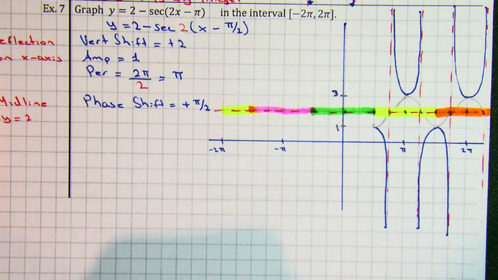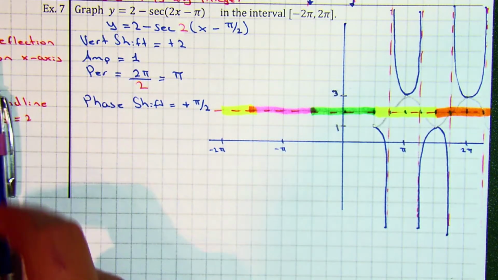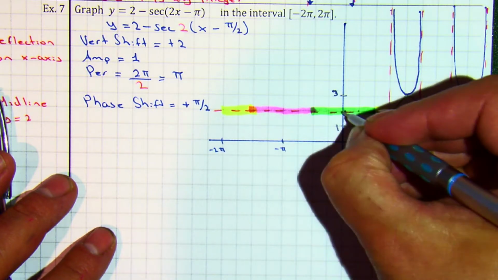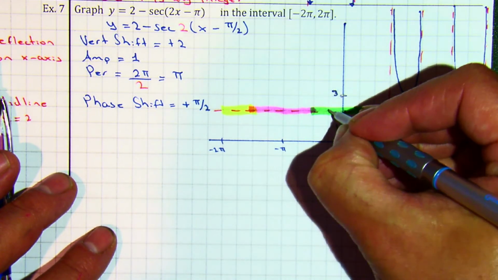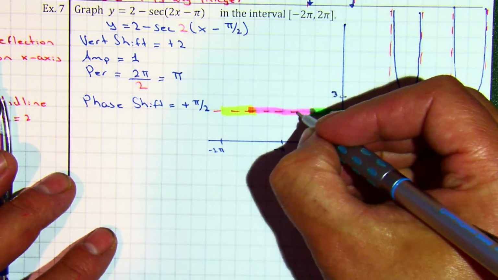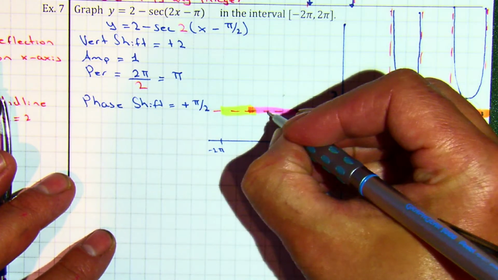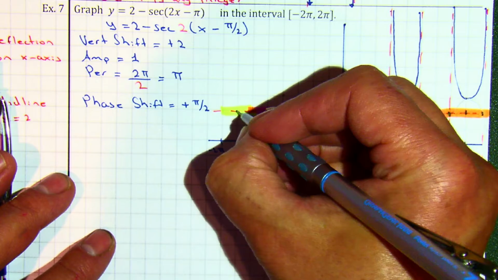And then I can continue on. So let me go and place my cosine graph. It's going to be here, here, here, and here. And again, here, here, here, and here. And again, here, here.